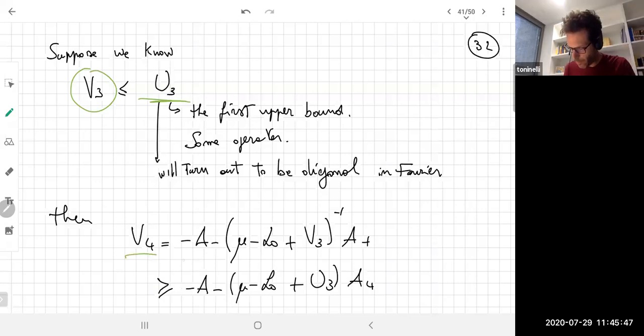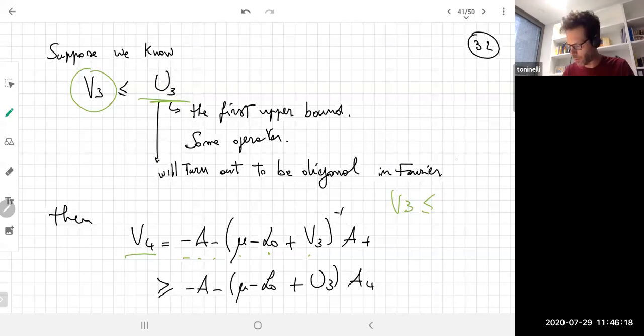V4 is minus A minus, then you invert mu minus L0 plus V3, and then apply A plus. If you know that V3 is smaller or equal than something else, since V3 appears in the denominator because you are taking the inverse, you can lower bound V4 by replacing V3 by U3. This would be totally trivial with just numbers, but it works quite well also with quadratic forms.